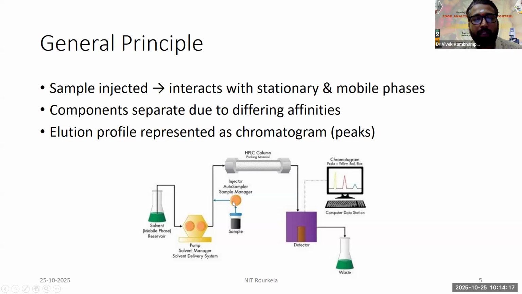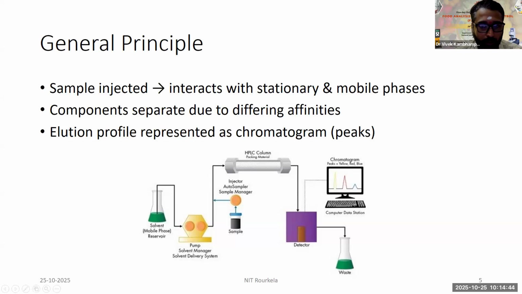You will be injecting the sample, and then this mobile phase will take the sample into the column. Because of the temperature difference and pressure, what will happen? Separation will take place. Based on the separation, the detector will detect how many different types of molecules are present, and it will give it as peaks in what is called the chromatogram.